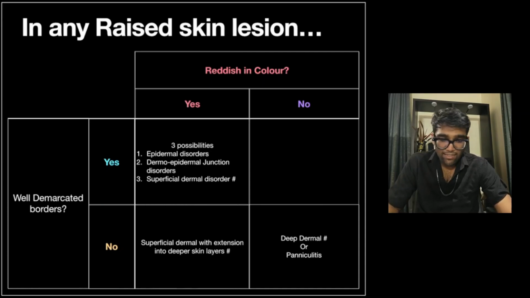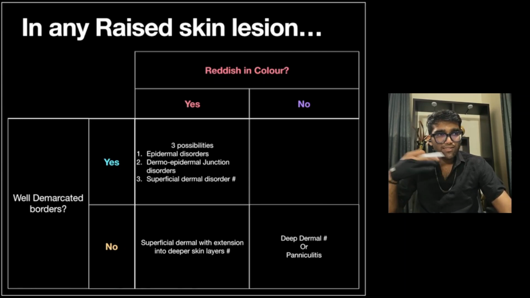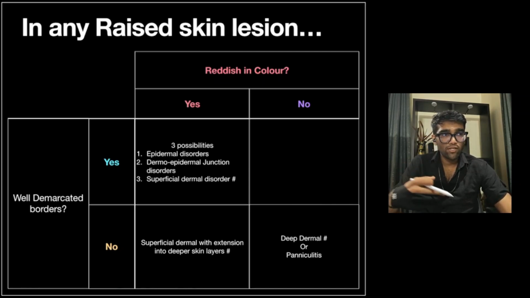On the other hand, what you may have is a lesion that is reddish in color but is not well demarcated. Such lesions are red in color, so it has to be superficial, but there are parts of the lesion that are extending into deeper tissue, and the light that is incident on that area of the lesion, as it is coming out, the red components are getting filtered out.